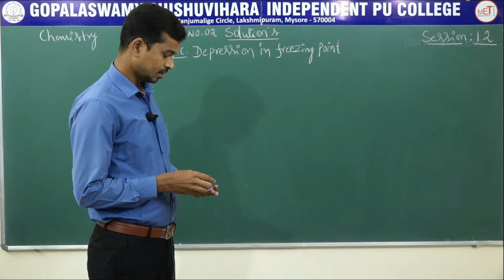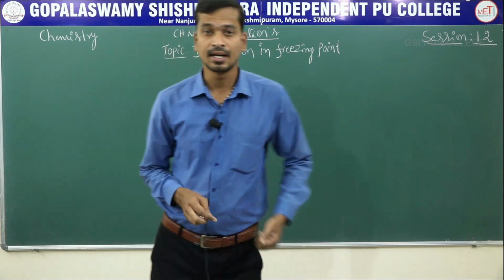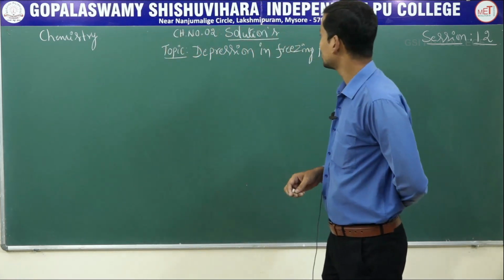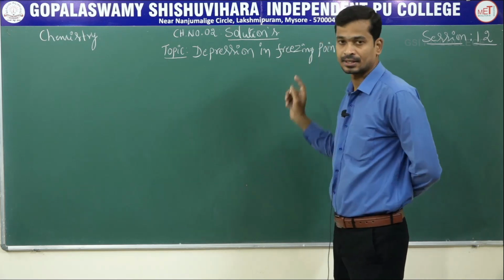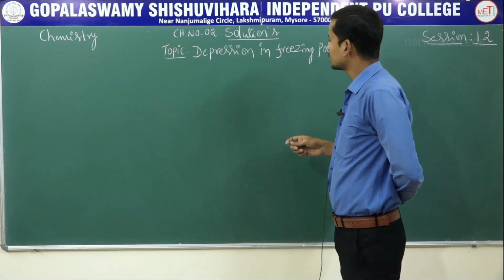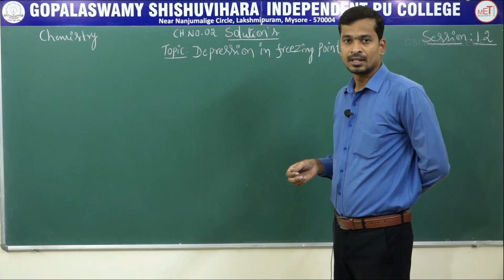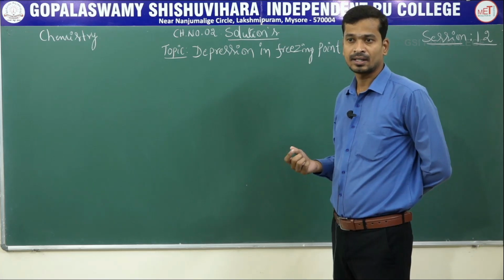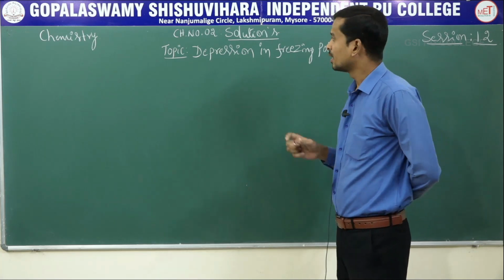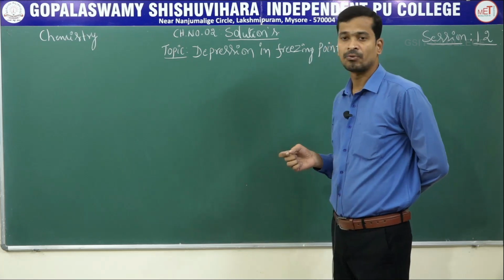In this session, you have to study another colligative property, depression in freezing point. In the last two sessions, you studied the elevation in boiling point and the relative lowering of vapor pressure.